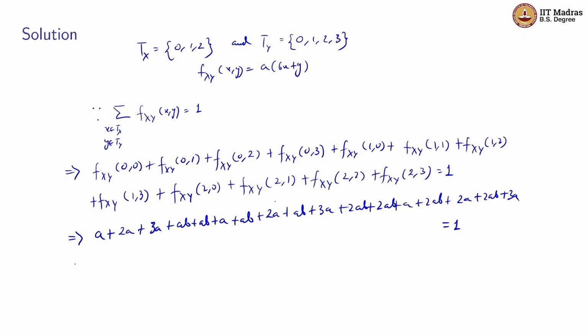On further simplification we will get 18A plus 12AB equal to 1. So let us make this equation number 1.